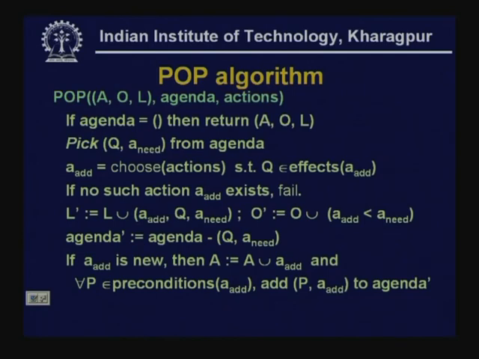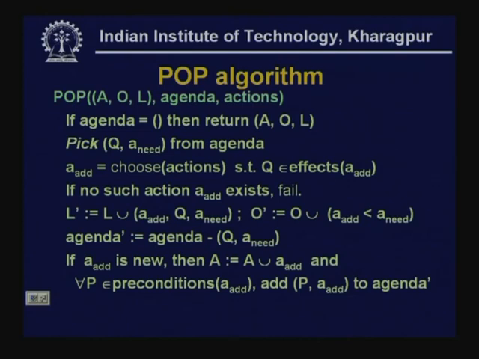Now, let us look at the partial order planning algorithm in slightly greater detail by seeing how we proceed. The partial order planning algorithm, POP, takes 3 arguments, AOL.